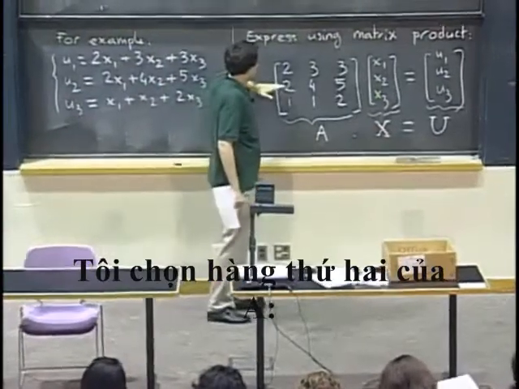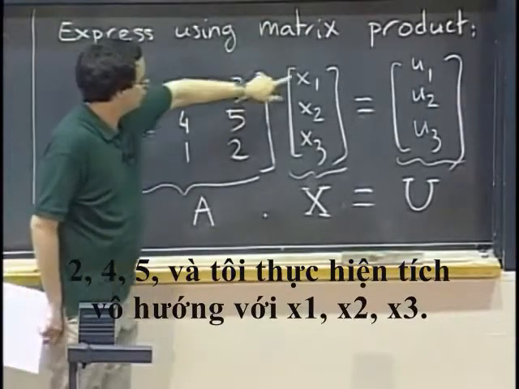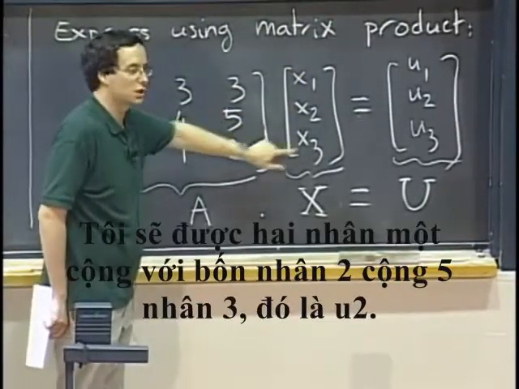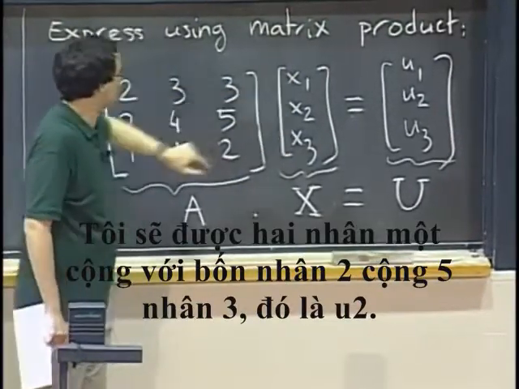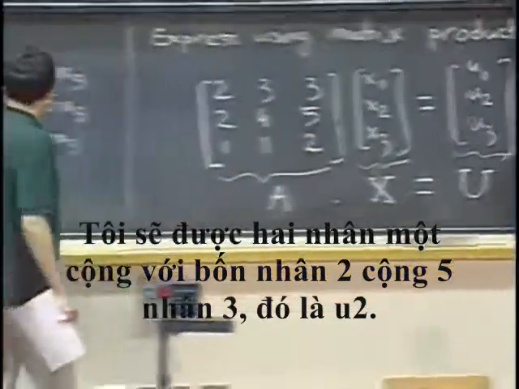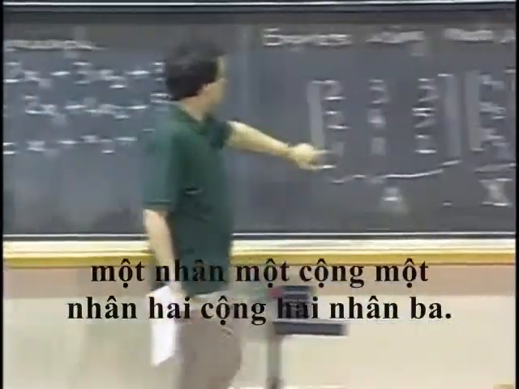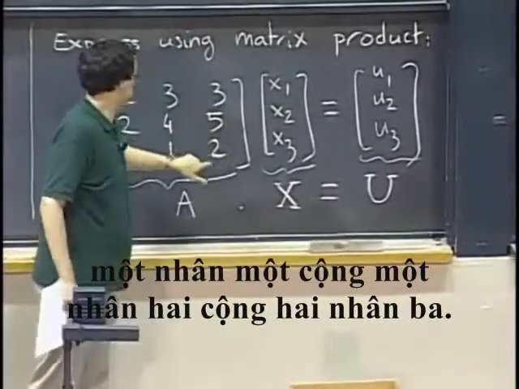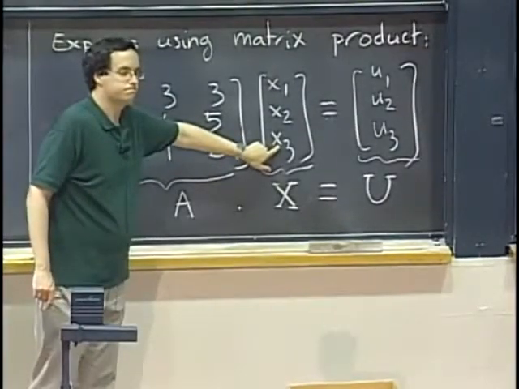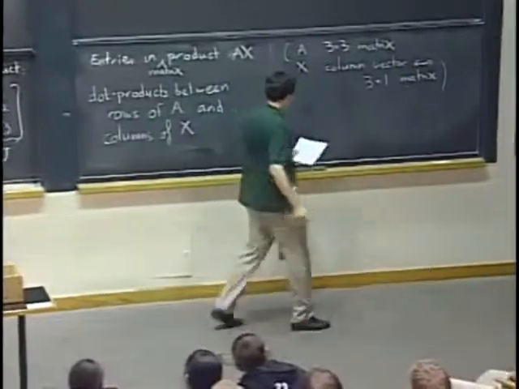I take the second row of A, 2, 4, 5, and do the dot product with x1, x2, x3. I will get 2 times x1 plus 4 times x2 plus 5 times x3, which is this thing. And same with the third one, 1 times x1 plus 1 times x2 plus 2 times x3. So that's matrix multiplication.